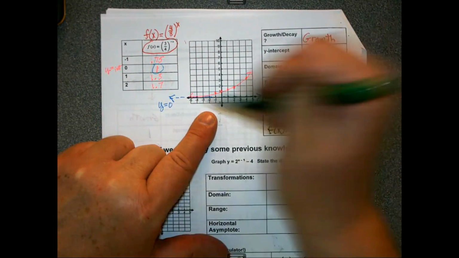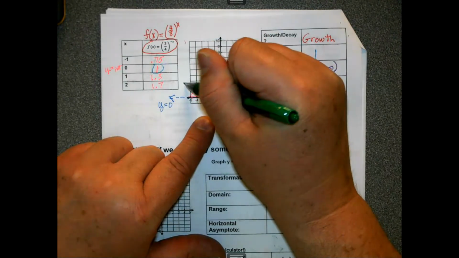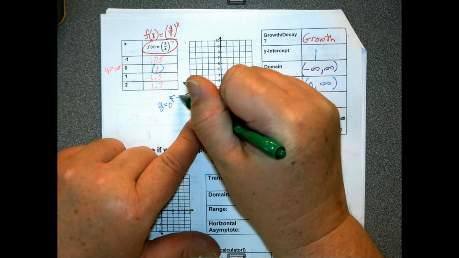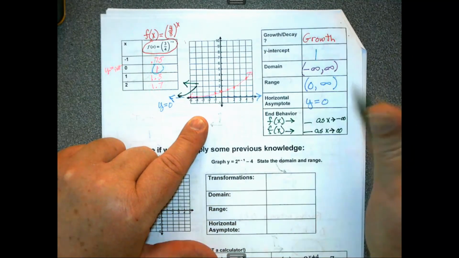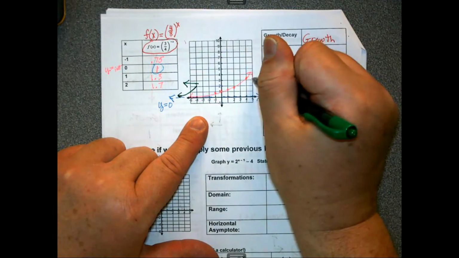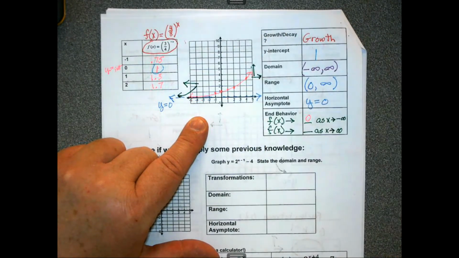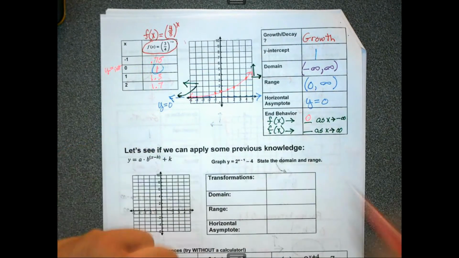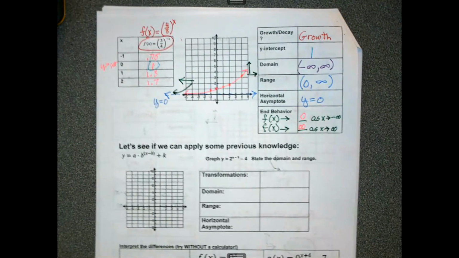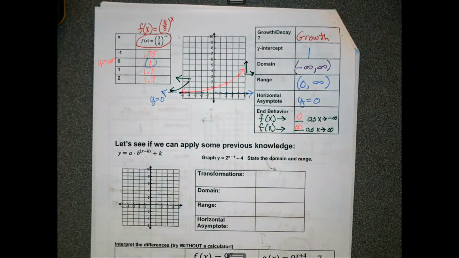As x goes to the left, again, my y is trying to get to that 0, right? And as my x goes to the right, my y is going towards infinity. All right.